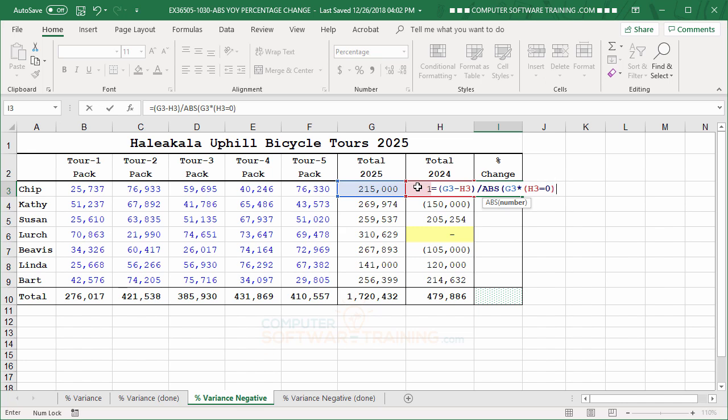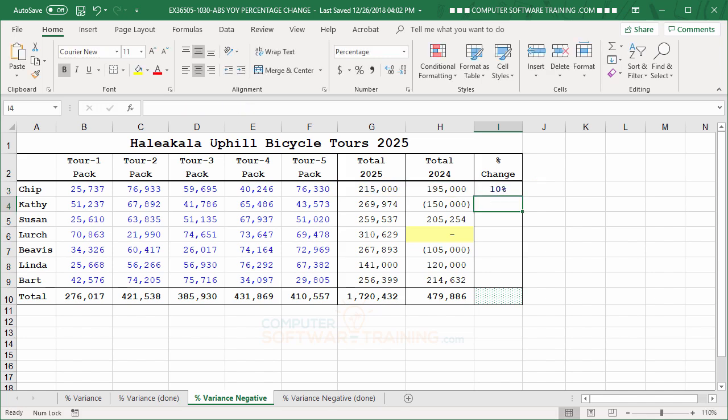Now, and then we put in a right parenthesis there, and then your plus, and then H3 again, all right? And that's for the situations where it isn't a 0, all right? And then you close that off, just like that.